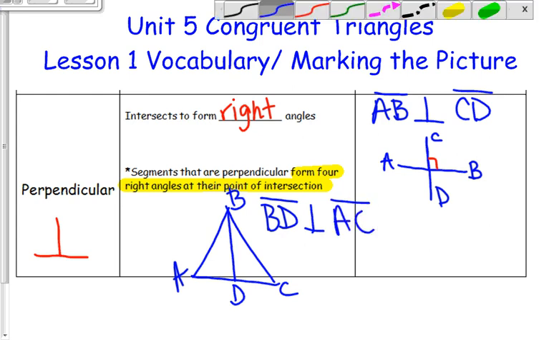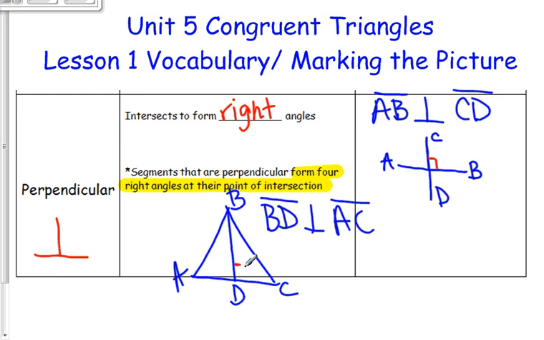And if they tell us that, we can assume that those angles at D there are right angles. But only if they tell us that can we assume that. Sometimes we'll look at the picture and we want to assume that. We can't assume that unless they've told us. Okay, that's perpendicular.